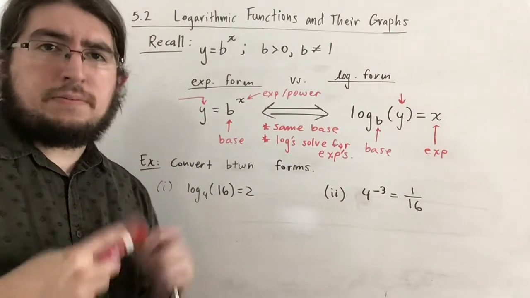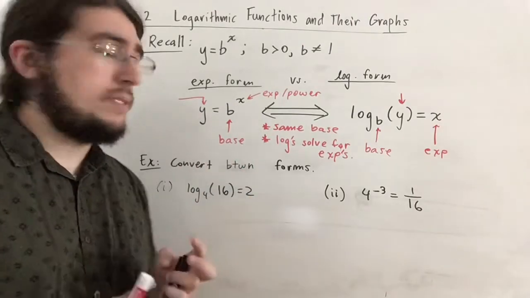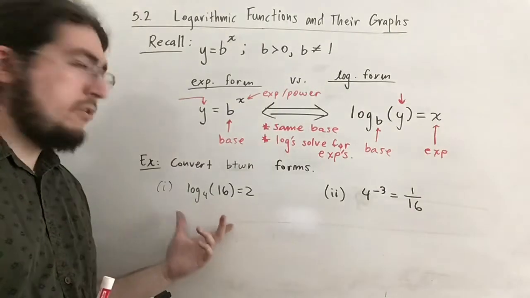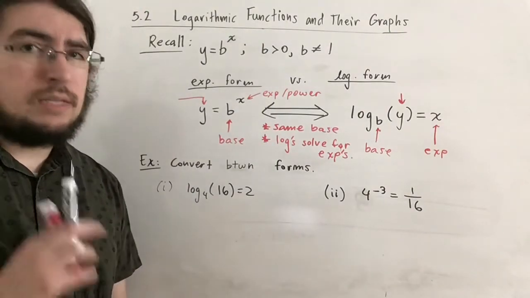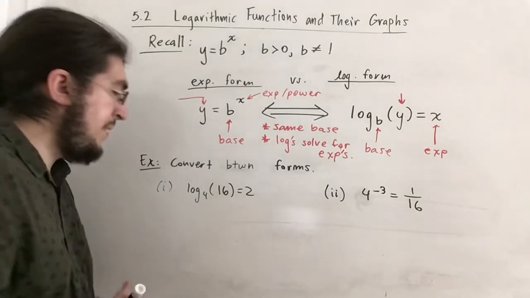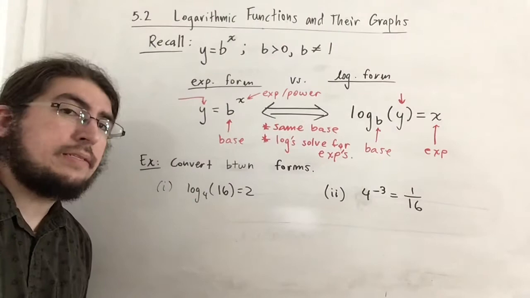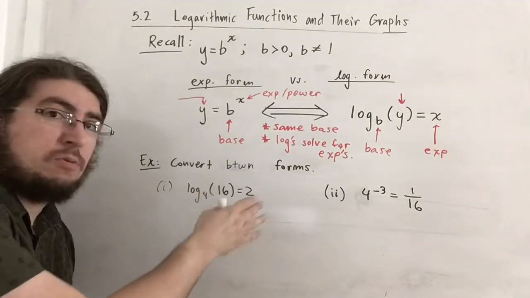The first thing I want to try to do here is get us used to translating between these two forms. So here I say convert between the two forms. This is in logarithmic form, of course, and this will be in exponential form. So let's see if we can get a handle on converting. I want to first find the base. What is the base? Well, read this out loud. It's log base 4 of 16 equals 2.